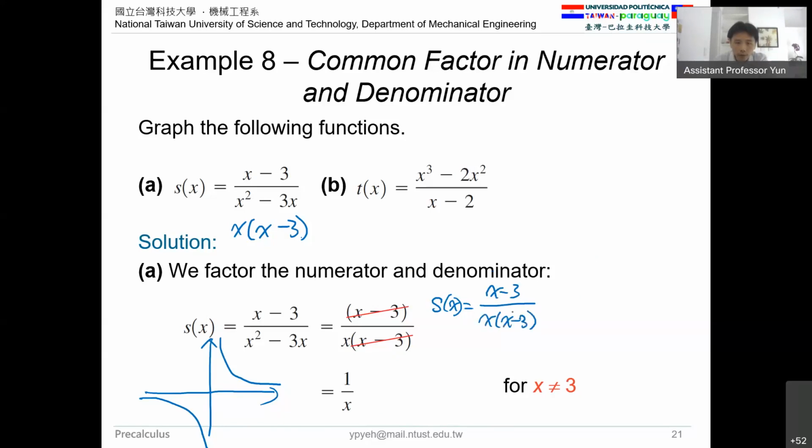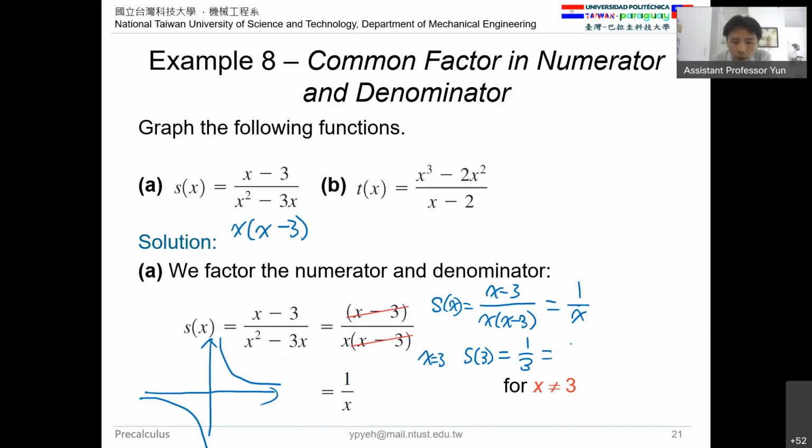So usually we will cancel all these factors, and then we will result in 1 divided by x. But when x equals 3 here, s of 3 in the original form, then 1 divided by 3, that is easy to understand, but it is not satisfied with this function.